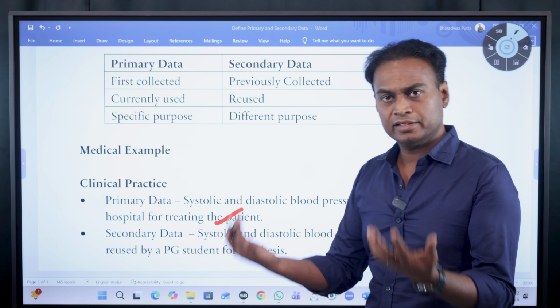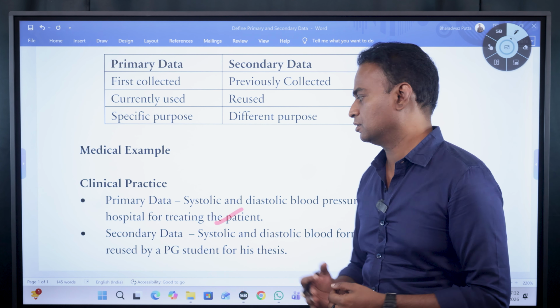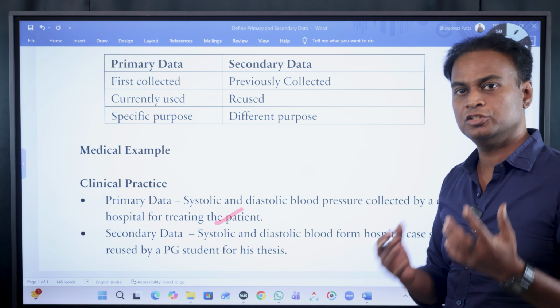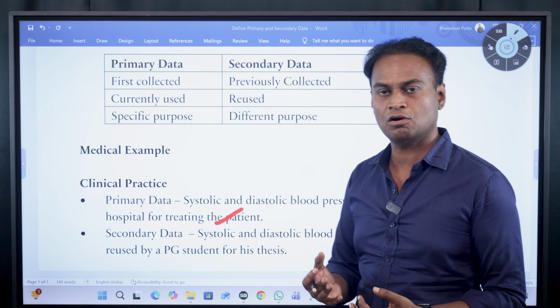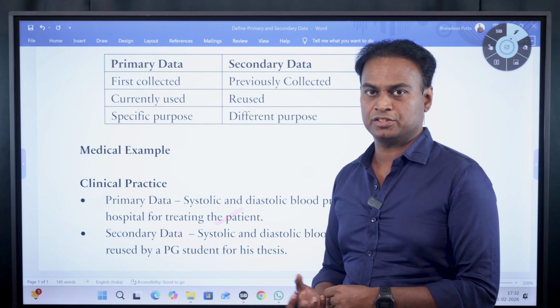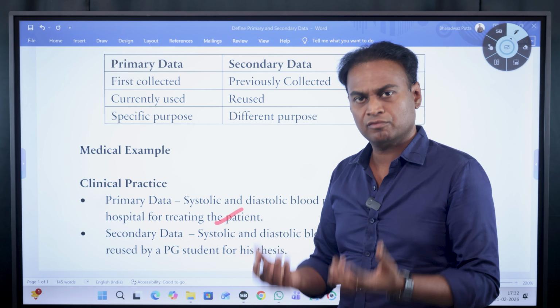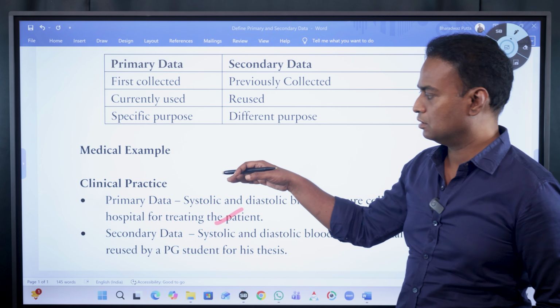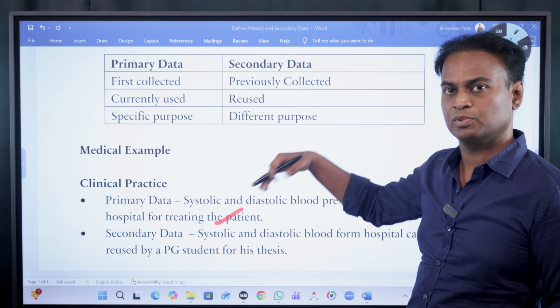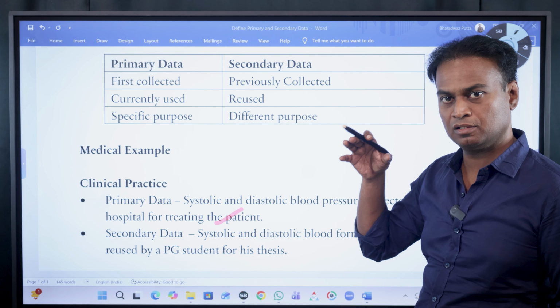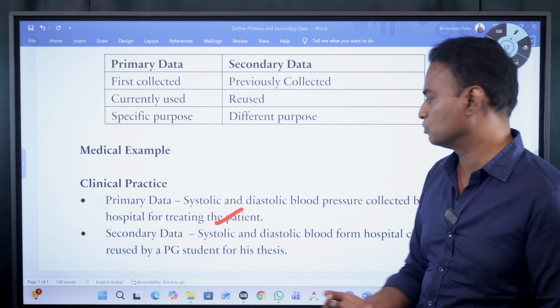So this data already exists in the hospital or in the clinic. Then what happened? One PG student is doing a thesis on blood pressure, and he is not collecting the data of the patients for the first time. Whatever the doctor has previously collected and stored in the hospital database, he is again using it.